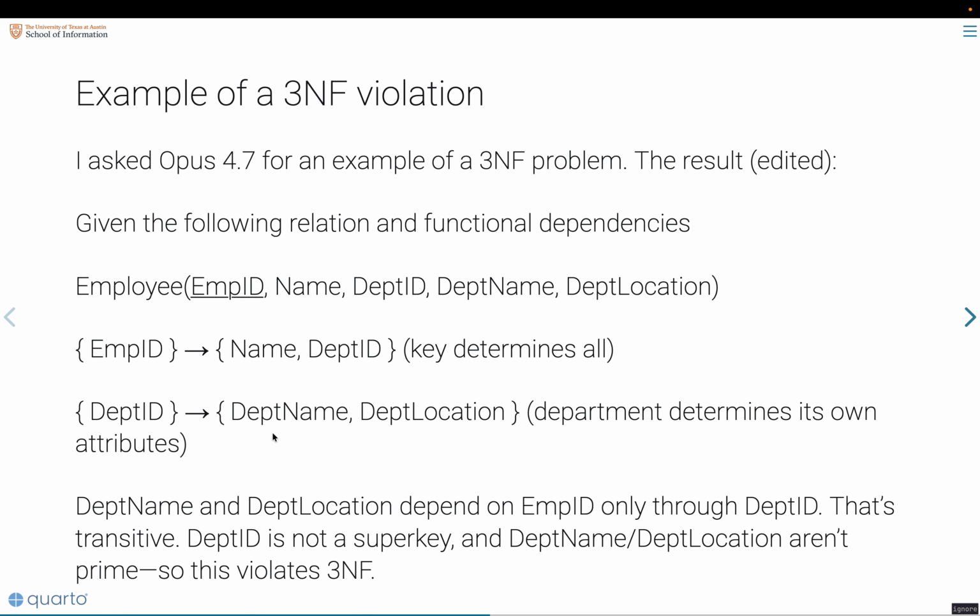Okay, so this violates third normal form because what's happened here is that we should have a relation that has employee ID, name, and department ID, and then we have a separate relation with department ID, department name, and department location. Yeah, I think that's right.